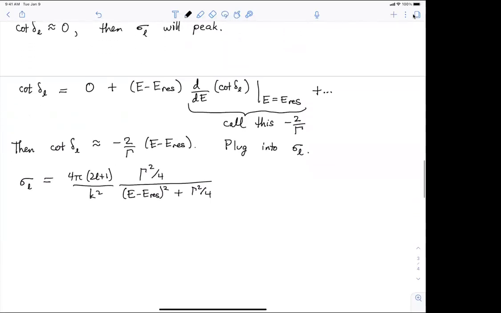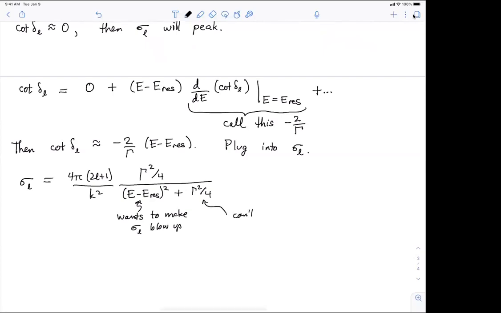Okay, so what's going on here is this term in the denominator, the E minus E resonance squared, wants to make it blow up. But then the gamma squared over 4 is saying, no, the denominator can't quite be 0.